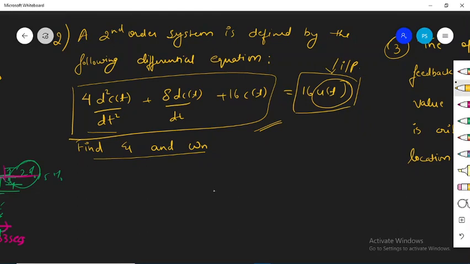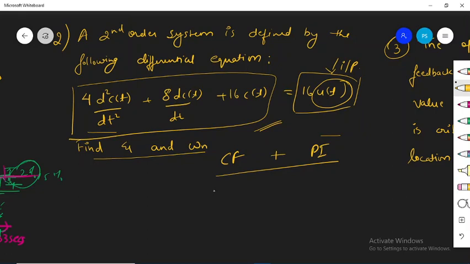These kinds of equations you must have also encountered in mathematics class. I don't remember whether it's in M2 or M3, but there you solve these differential equations by finding the CF and the PI, and the complete solution is given by CF plus PI.